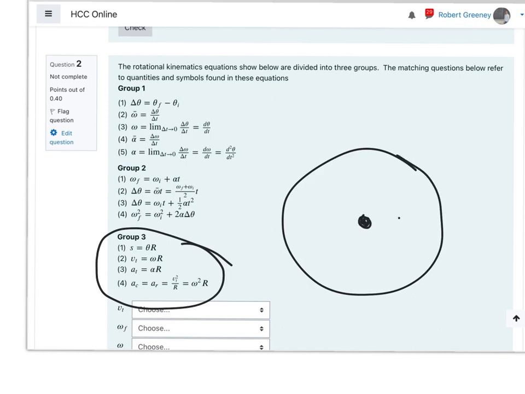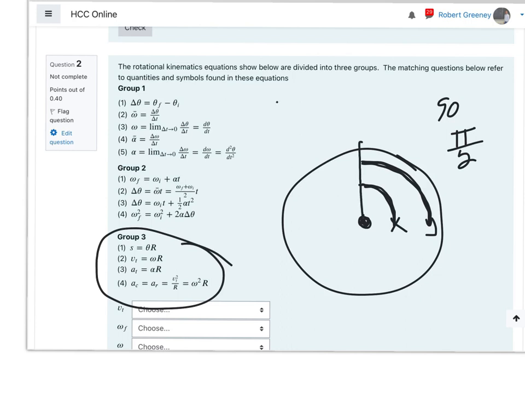So if an object X and object Y are on a turntable, and the turntable turns a quarter turn, 90 degrees, pi over 2 radians, you know all that. Each object, if it does it in a second, is moving a quarter turn per second, and everything on the wheel is moving a quarter turn per second.